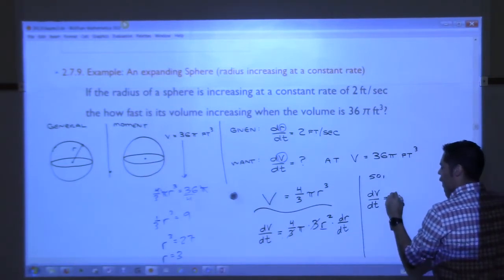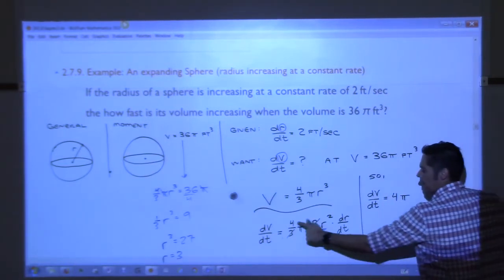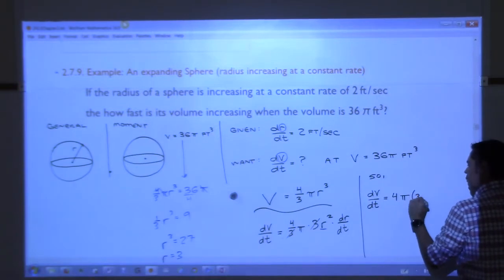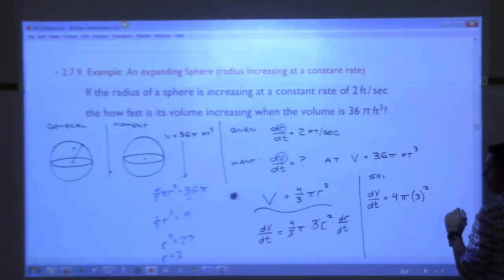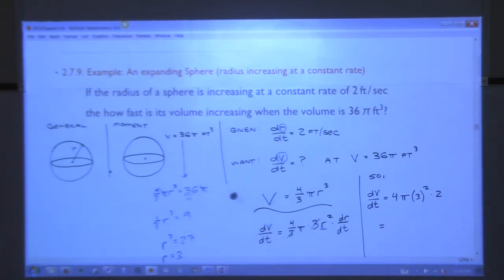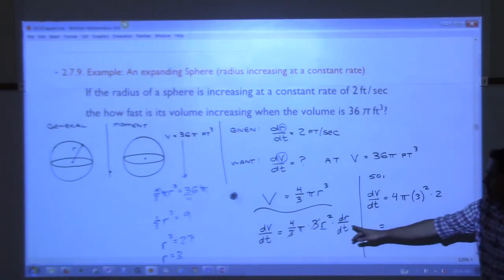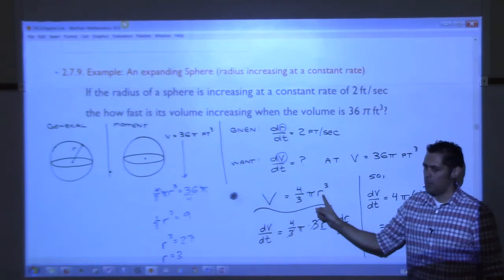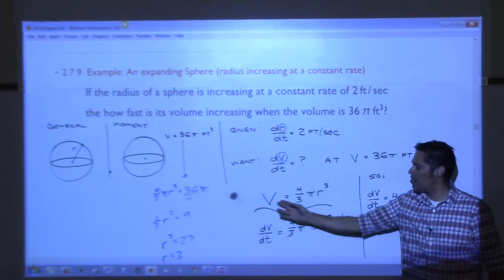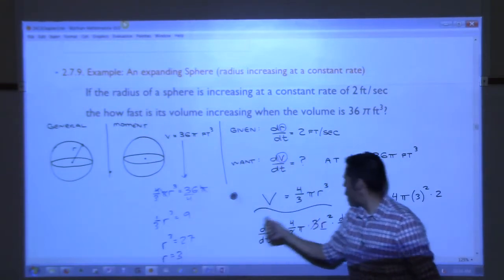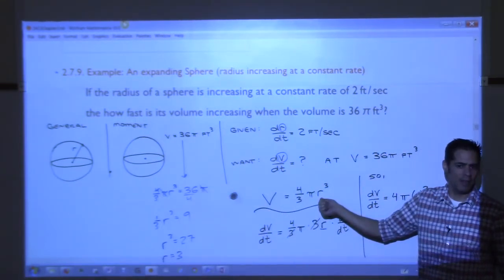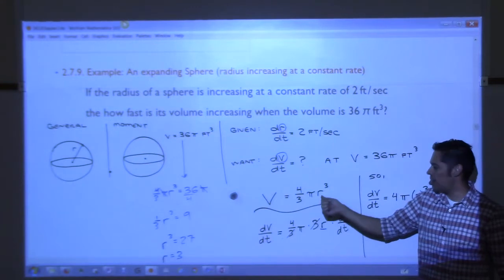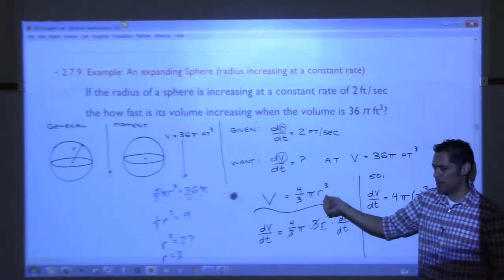Y'all good? Okay, so I'm going to rewrite this. This is 4 pi r squared, which is going to be 3 squared, times dr/dt, 2. Remember, you cannot plug the r in here. Why couldn't I get my equation, then go back, get what r is, and plug 3 in right here? Why can I not plug r in at this point?